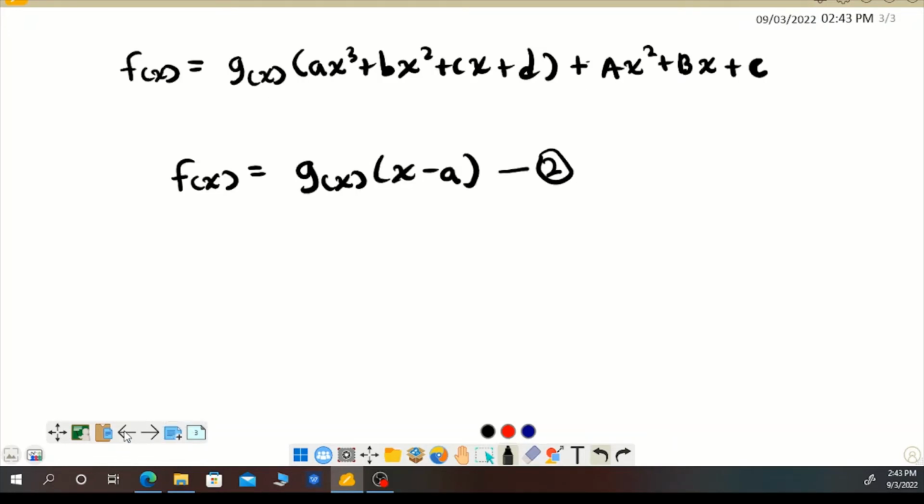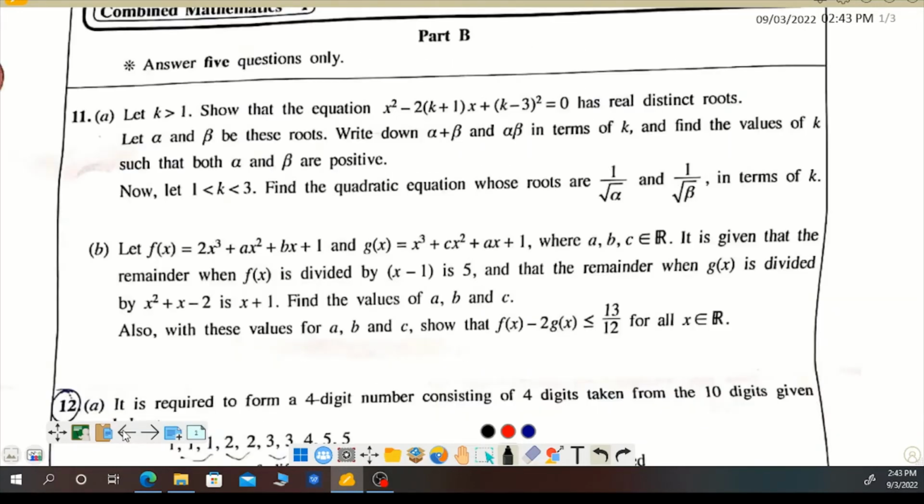Now we are going to solve a 2021 exam paper question using this knowledge. The problem gives us two functions, f(x) and g(x). It is given that the remainder when f(x) is divided by x minus 1 is 5.